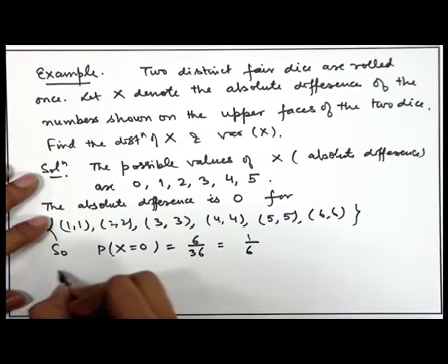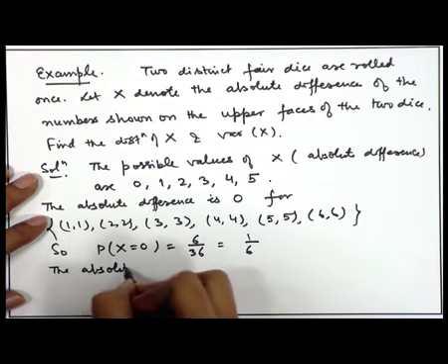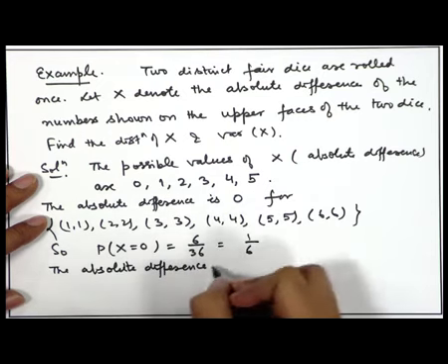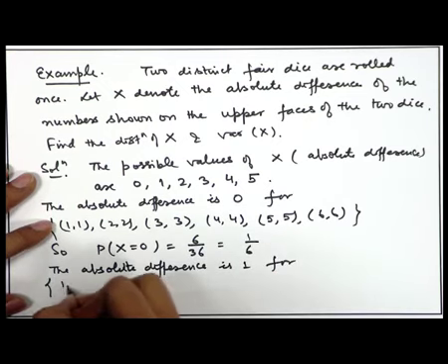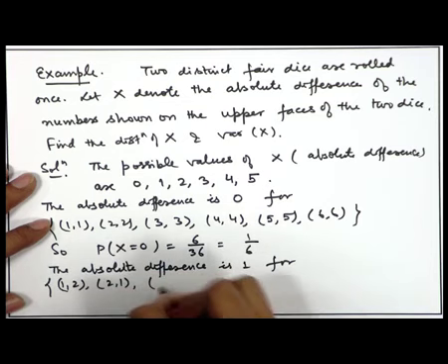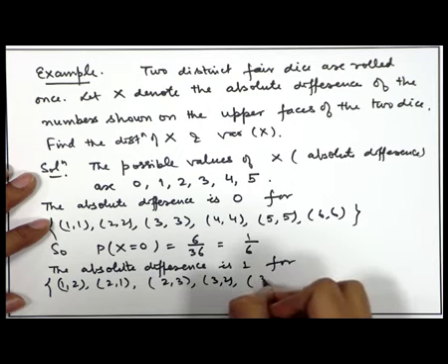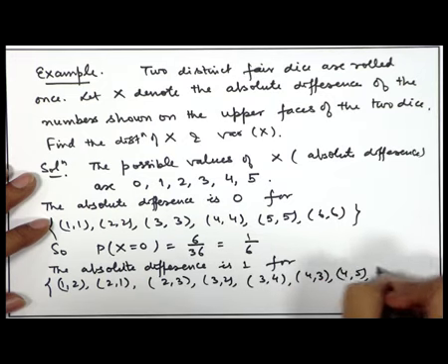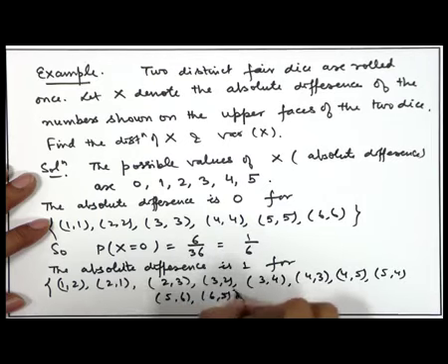Now, the absolute difference 1. What are the possible cases? You can have 1 2 and then of course 2 1, then you can have 2 3, 3 2, 3 4, 4 3, 4 5, 5 4, 5 6 and 6 5.